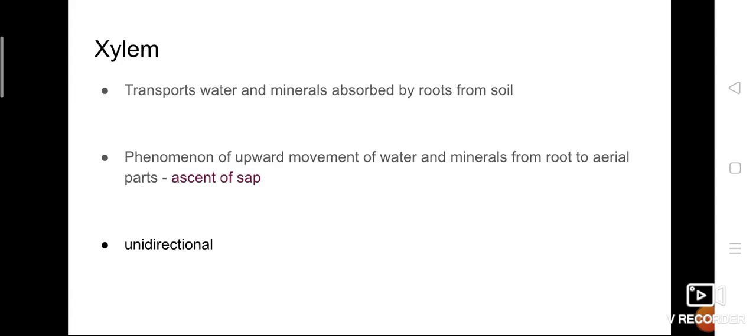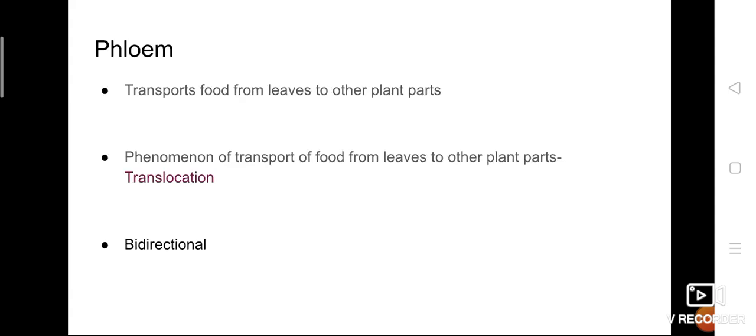Okay, now we are going to see about the phloem. As I told, xylem transports only water and minerals. So what about the next thing? Food. So phloem transports only food, and we know that food preparation takes place in the leaves. So from the leaves to all parts of the plant, the food is transported with the help of phloem.